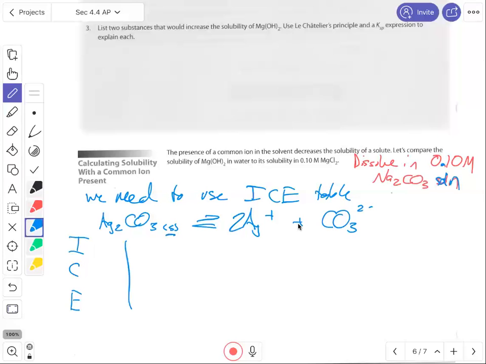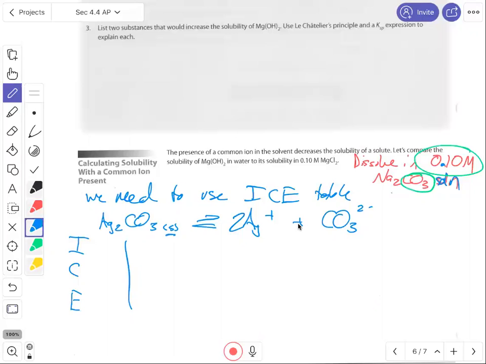Okay. So what are my initial amounts? Do I have any initial amounts? Sure I do. The 0.1? Yeah. But it's okay, because it's 0.1 with the CO3, but is it going to be 0.2 with the silver?